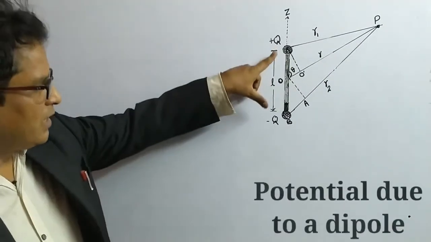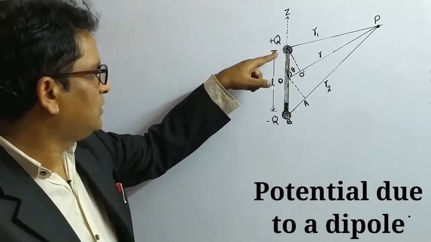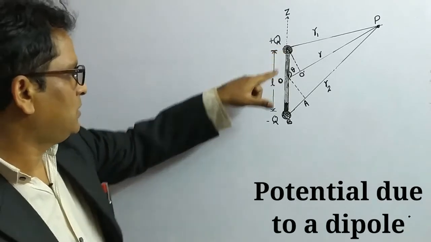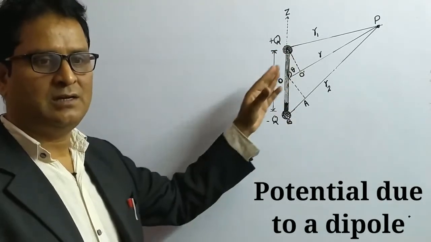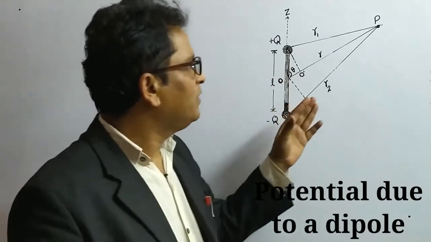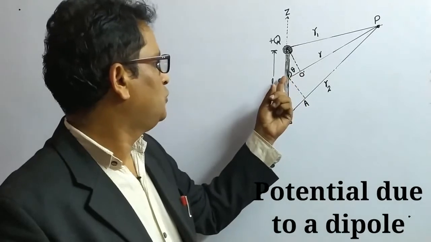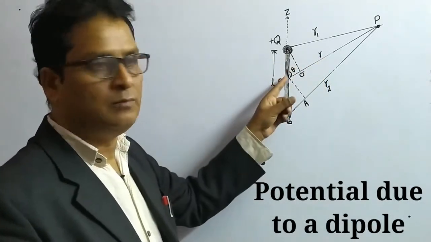So this is the dipole. As you can see, two equal and opposite charges separated by a small distance L. So this is the positive charge and this is the negative charge. Such an arrangement is known as an electric dipole. So we have to find the potential at point P, which is situated at a distance of r from the midpoint of this dipole.